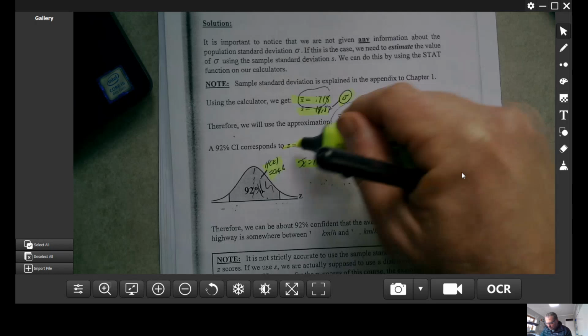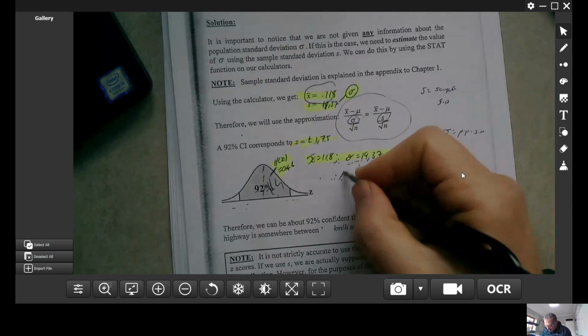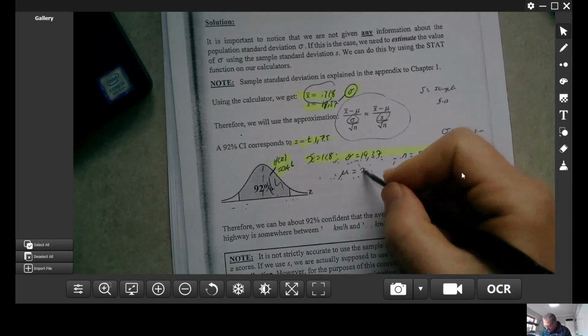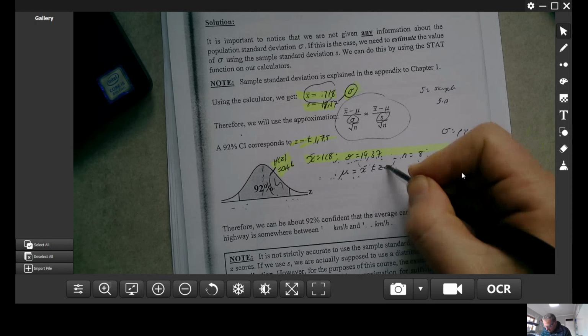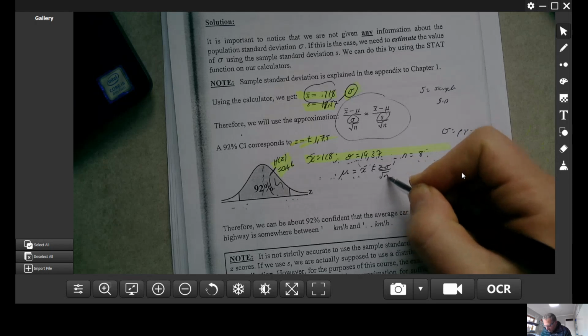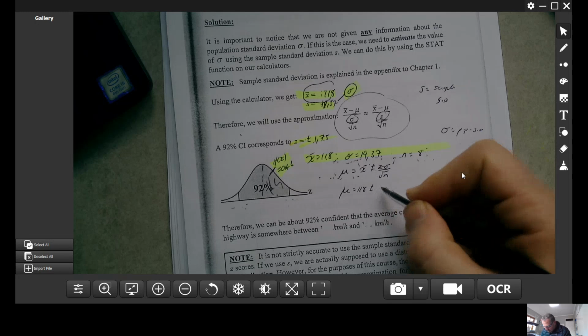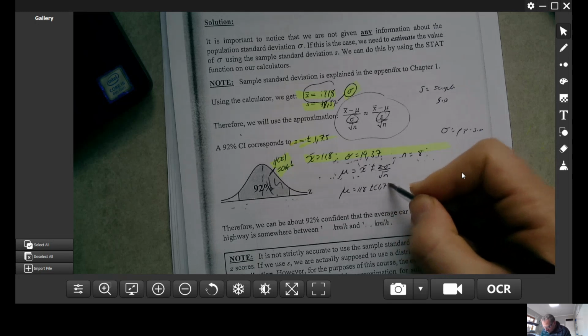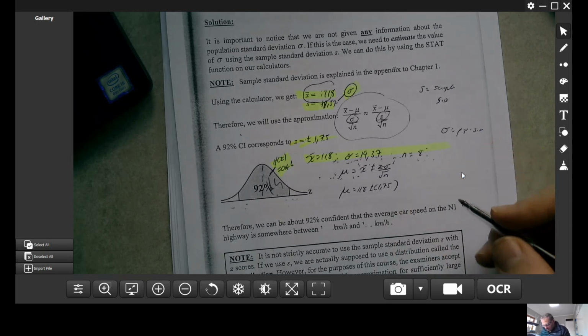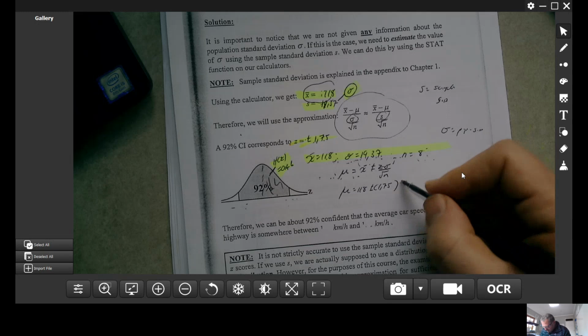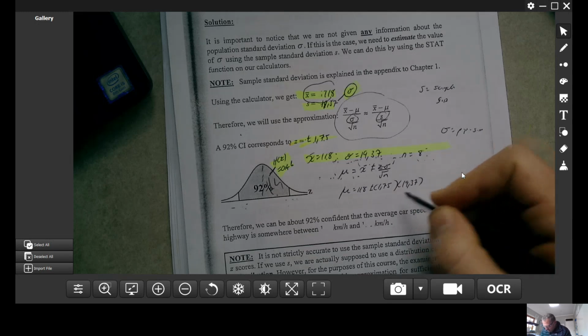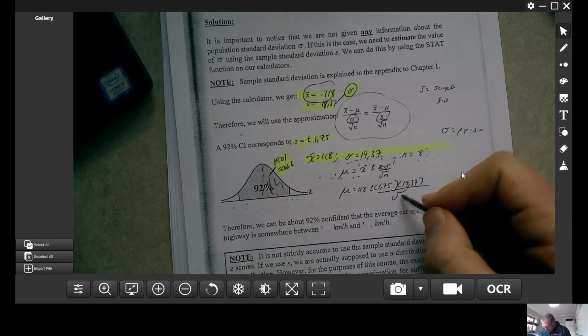That's my Z score. Write the formula down. Mu is equal to x bar plus minus Z times the standard error, sigma over root n. So mu is equal to 118 plus minus 1.75 times sigma, and we're using an estimate of 19,37 over root 8.